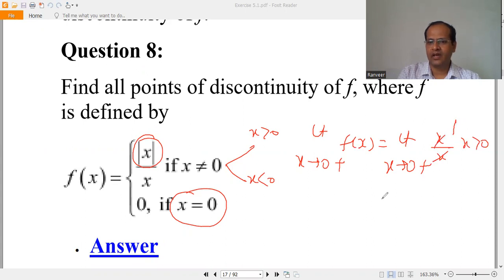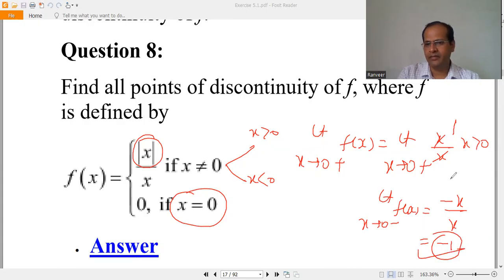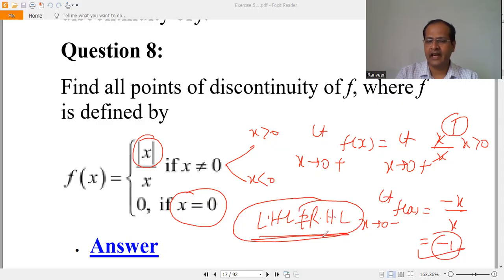So this value is 1, and limit x tending to 0 minus f(x), if we find out, then this is -x by x, this is -1. So if this is 1 and this is -1, here the value is not equal, that is the left hand limit is not equal to the right hand limit. So we can say that the given function is not continuous at the given point.